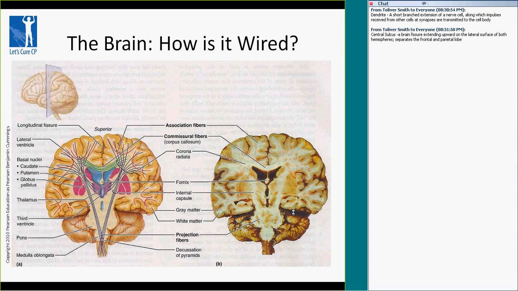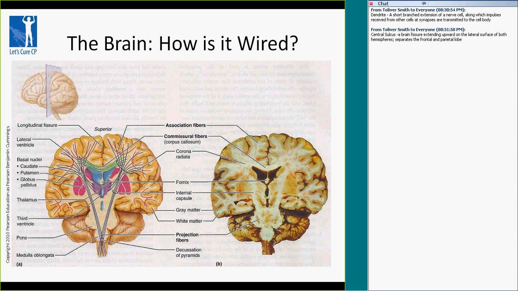Now, this is a quick cross-section. So we want to discuss how the brain is wired here. Now, there's two types of brain matter. We talk about white matter and gray matter. Gray matter is what you see around the outside of the brain when you're looking at the cerebrum. They're dense packets of neurons. And the white matter is mostly the myelinated axons. It's mostly the wiring. So you see those colored lines there on that figure. And I want you to notice that we have the large spaces, the ventricles, in the center of the brain.